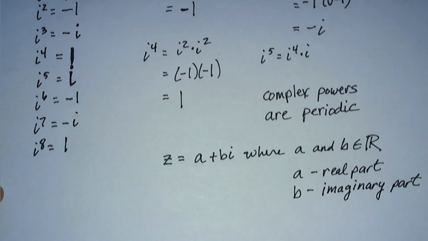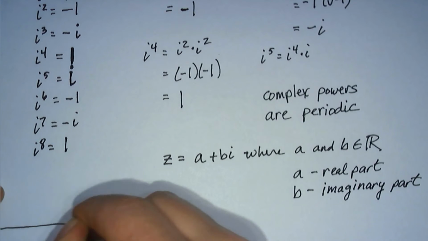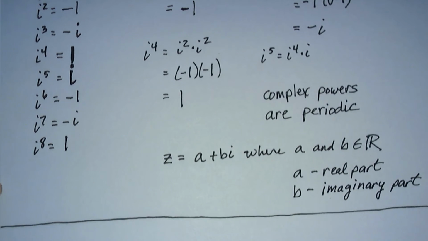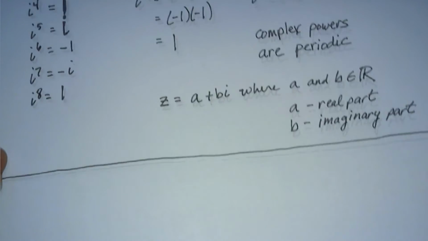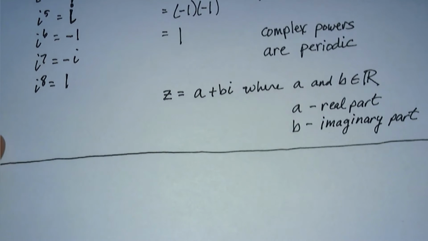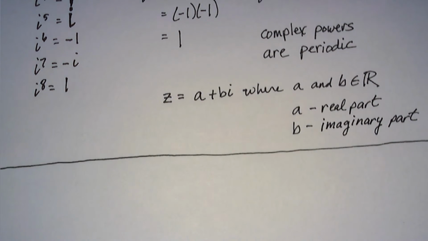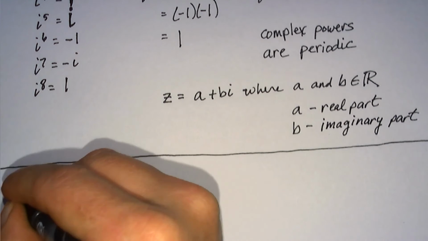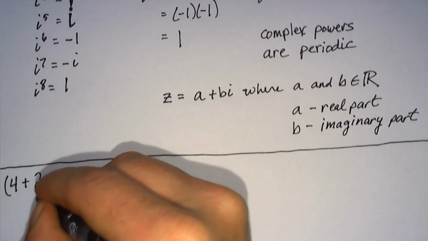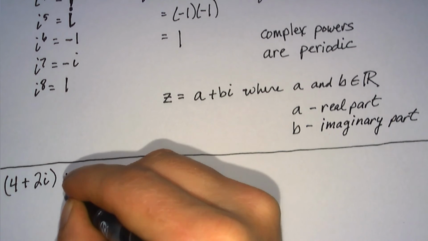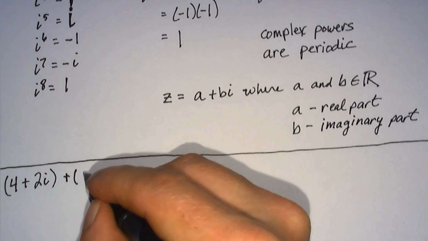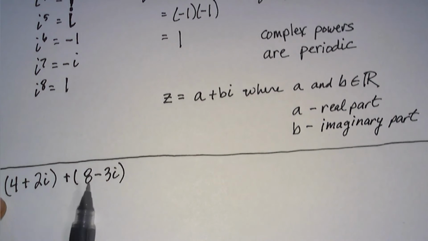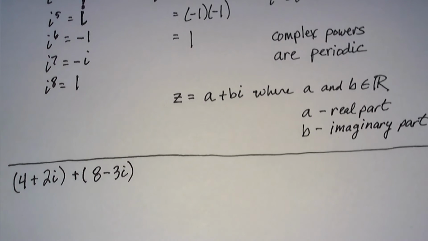And we can do arithmetic with these. So let's look at some examples, mainly by combining like terms. I'm going to use these same two numbers every time. We're going to take 4 plus 2i, and we're going to add it to 8 minus 3i. And all the arithmetic we're going to do is going to be with these two numbers in these examples.